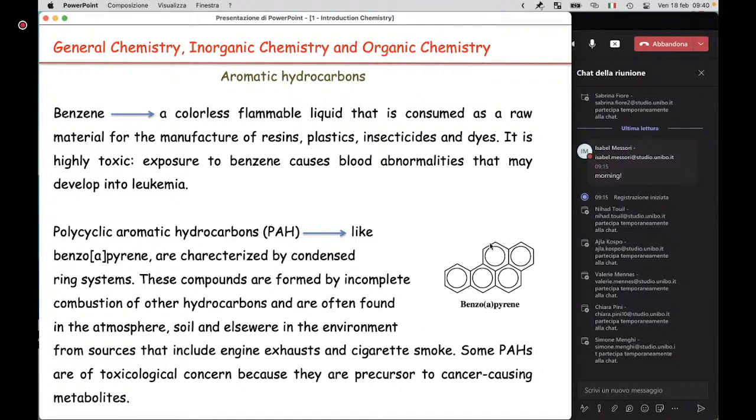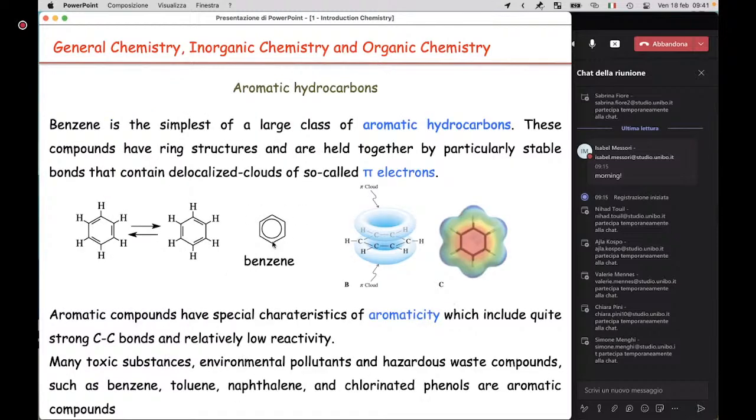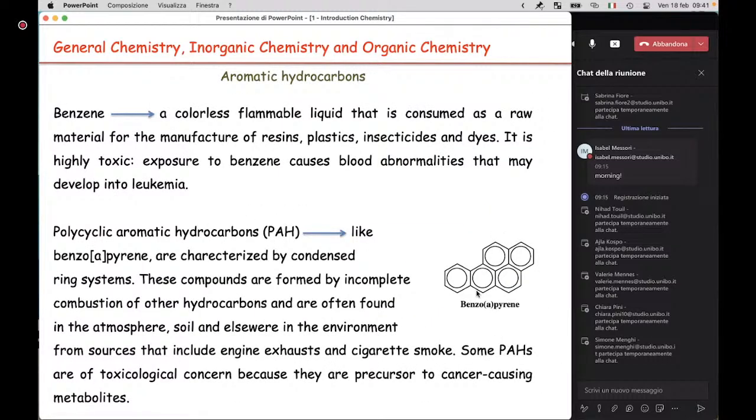And PAHs are the most frequent toxic pollutants produced by burning organic matter. When we burn something organic, carbons tend to arrange in this way, producing aromatic and condensed aromatic structures.